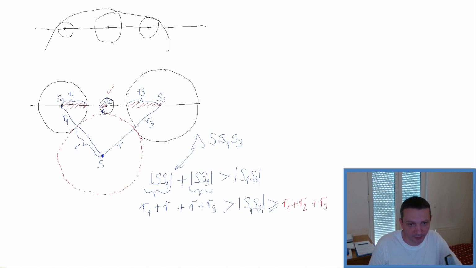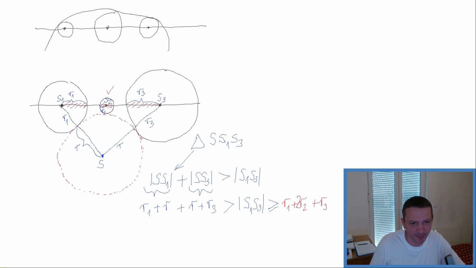So what we have obtained is R1 plus R3 plus 2R greater than or equal to R1 plus 2R2 plus R3. We can take 2R2 because we can also take this: it was stated in the problem that the first three circles are mutually disjoint, so they do not overlap.